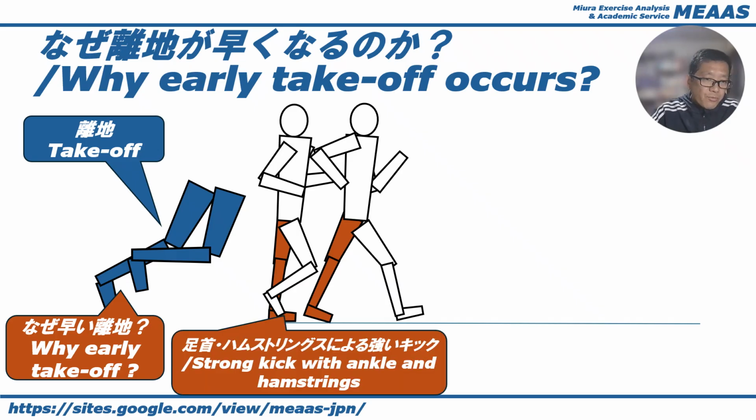And if they progress with a strong kick with the ankle, soleus and Achilles tendon and hamstrings, like running, most runners kick strongly with Achilles tendon and hamstrings in this phase, the takeoff phase.